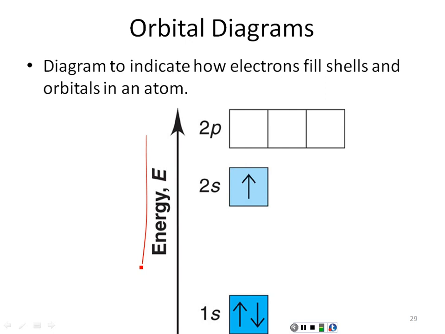The lower energy orbitals are shown lower. As you go up in energy, the orbitals go higher on the y-axis. And this particular orbital diagram is lithium. There are 3 electrons.